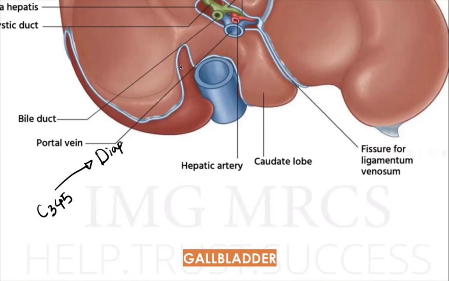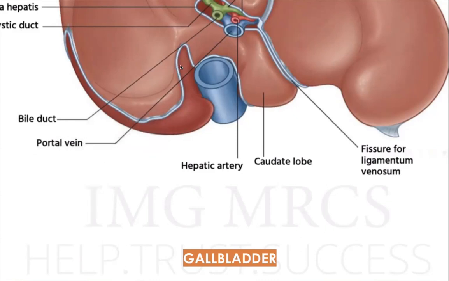The question is why? The root value of the phrenic nerve is C3, 4, 5, and from C4 you have another nerve, the supraclavicular nerve, which gives the innervation to the shoulder tip. That's why you have referred pain. If there is any kind of cholecystitis, you can have referred pain to the shoulder tip. Now clear? Yes, sir. Okay, very good, guys.